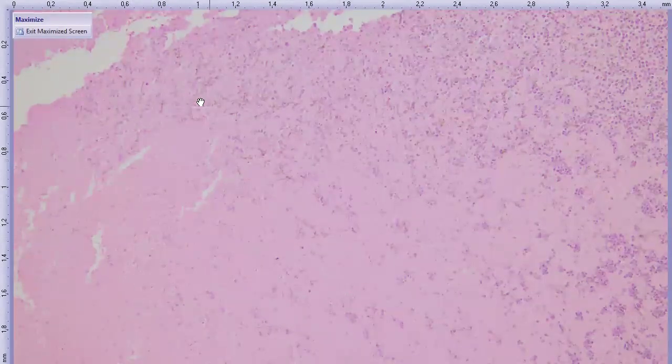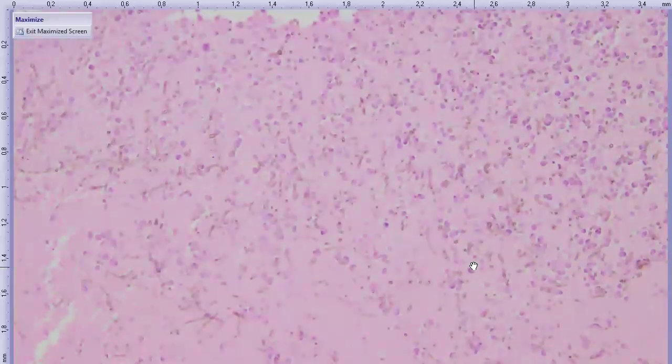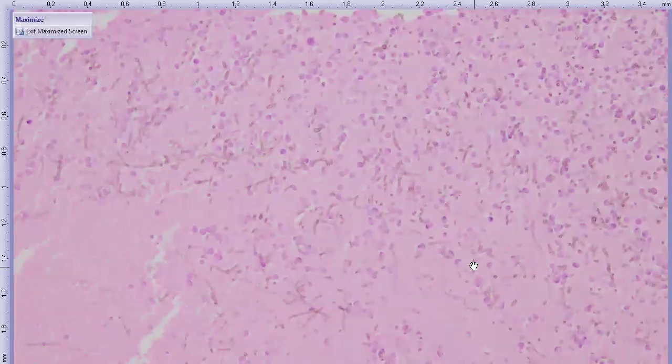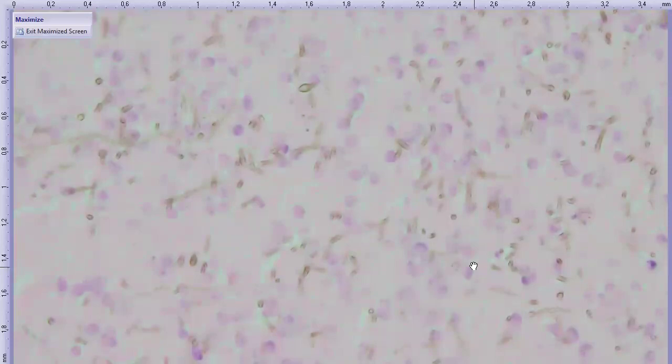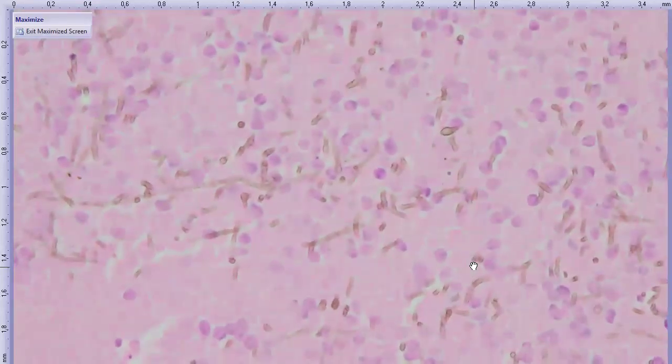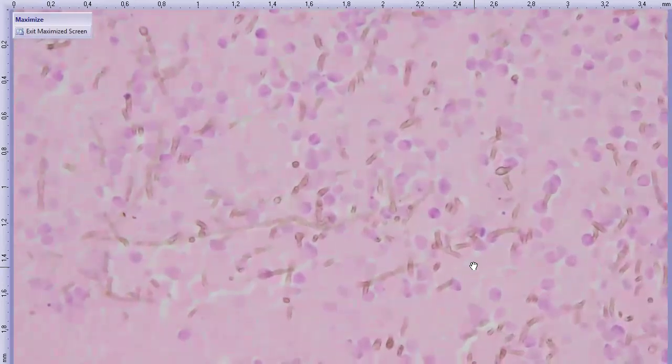So we're going into an area where there's lots of degenerated neutrophils. But here and there, what is that? Let's take a look at that. Do you guys see it now? These structures are not supposed to be here to begin with. Second, they were very useful because they brought their own colors, right?